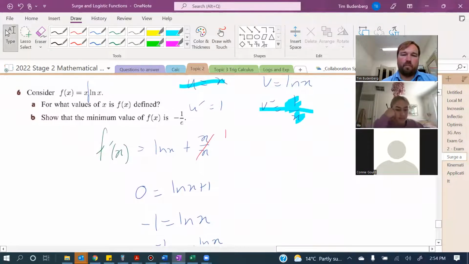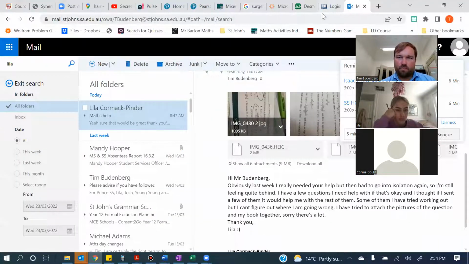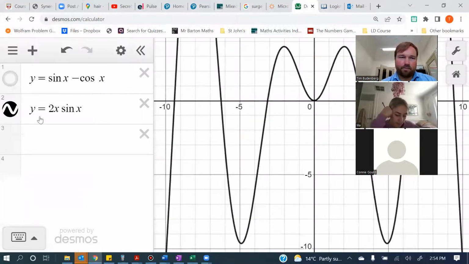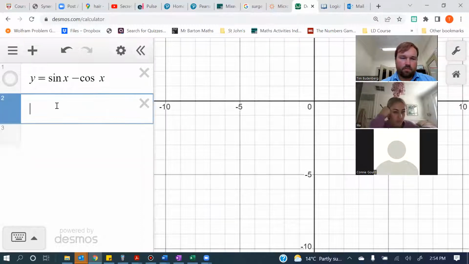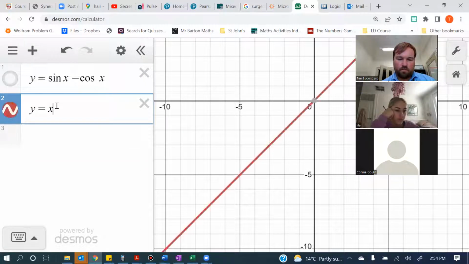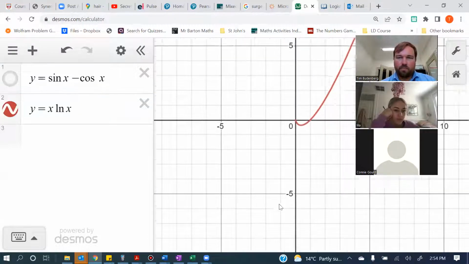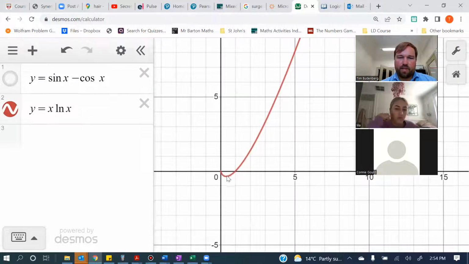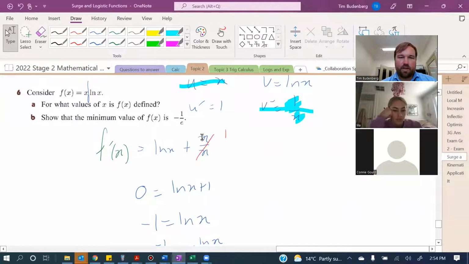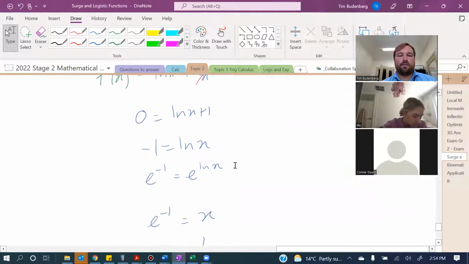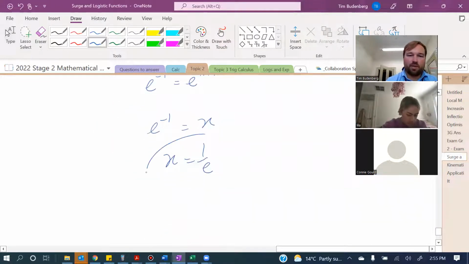I don't think it is a negative. I think they made a mistake. You see how ln x has a minimum there, which is a positive number. Oh, I know what it is. Sorry, we're right. This is good.